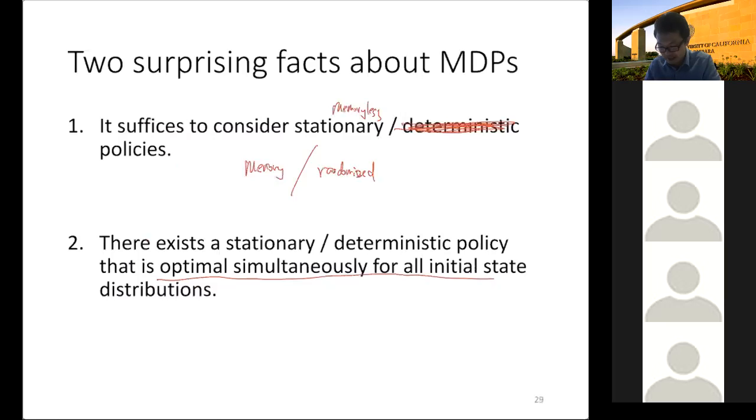I think a POMDP is still an MDP. It's just that you have observations, but the transition still follows the MDP. Yeah, but the issue is that in a POMDP, your policy needs to make use of the entire history to estimate your state, the so-called belief state.